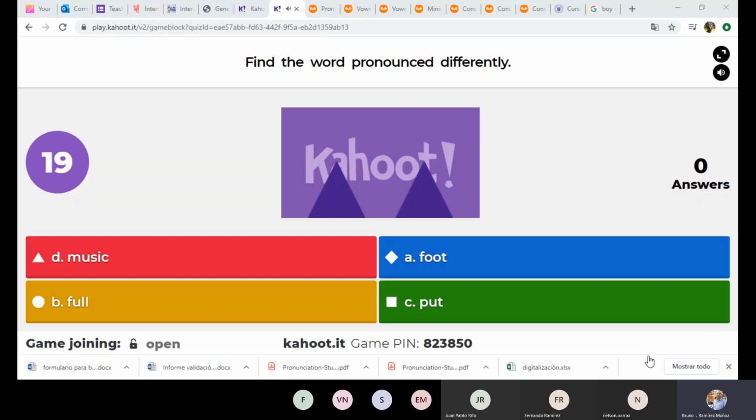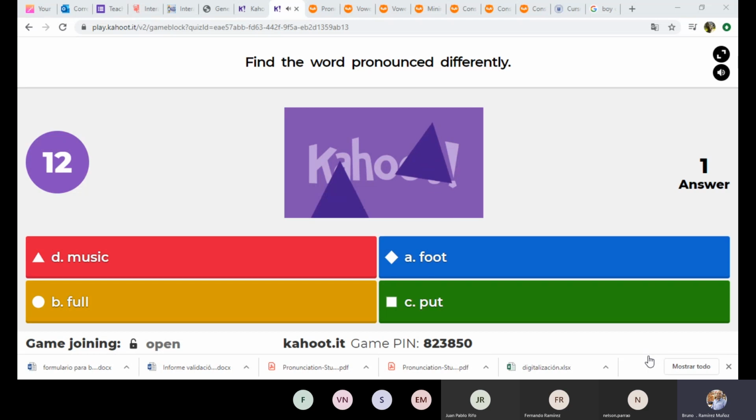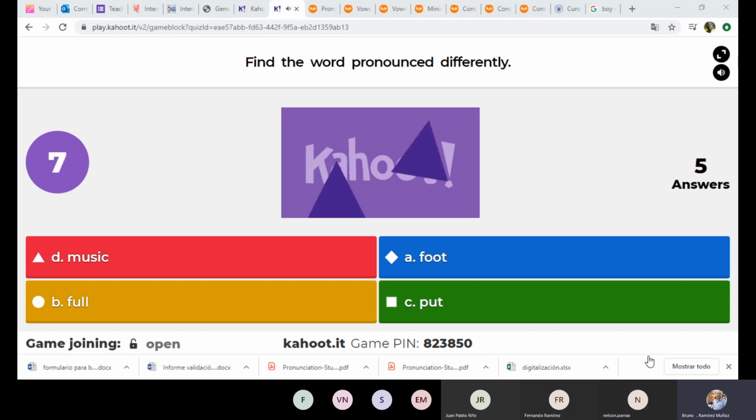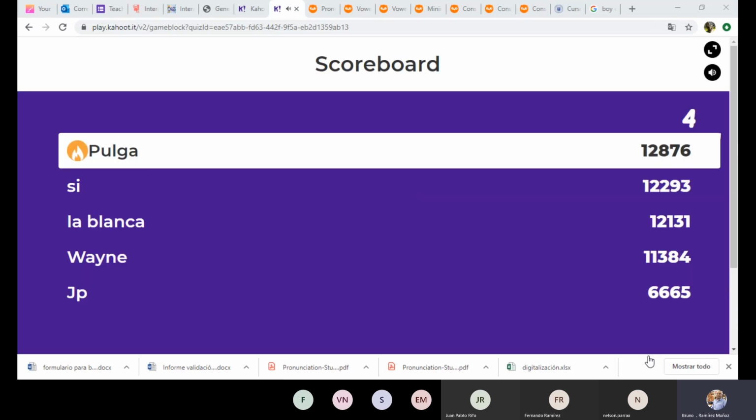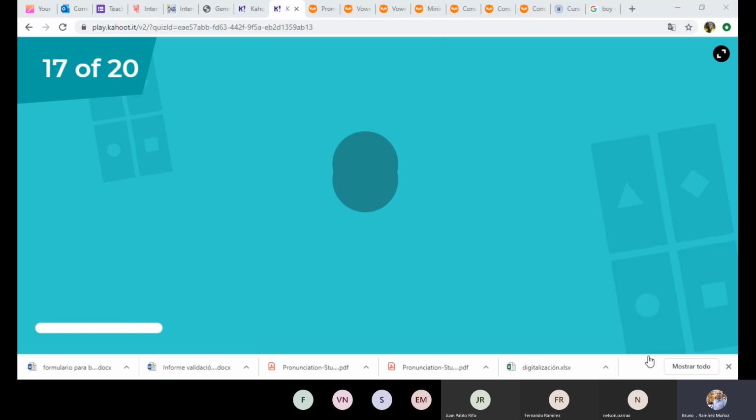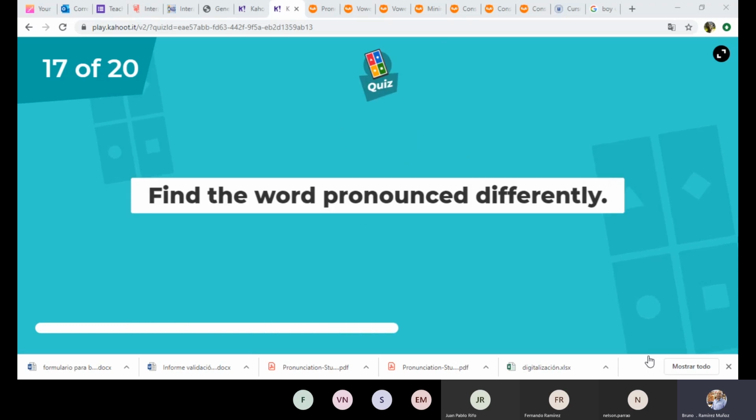We've got 4 more to go, right? Red. Get it? Good job, guys. Pulga on fire. 17 out of 20. Multiplied by 2.